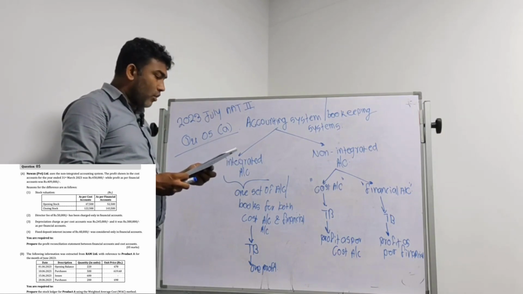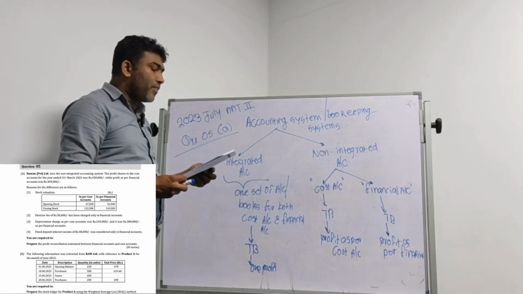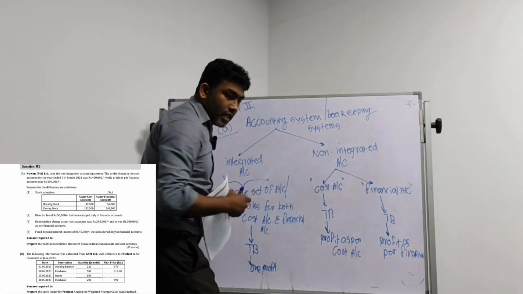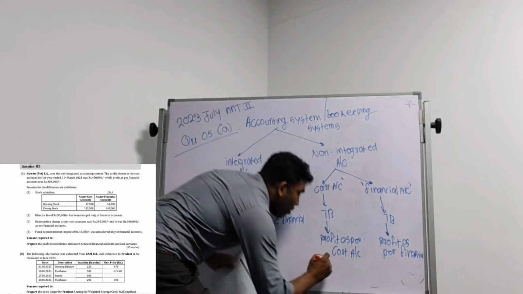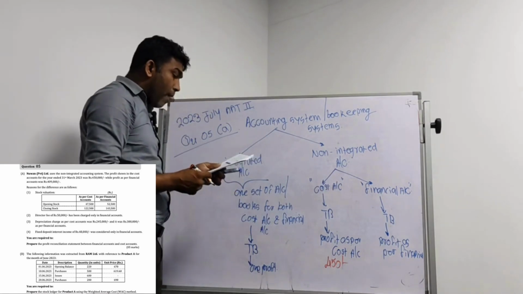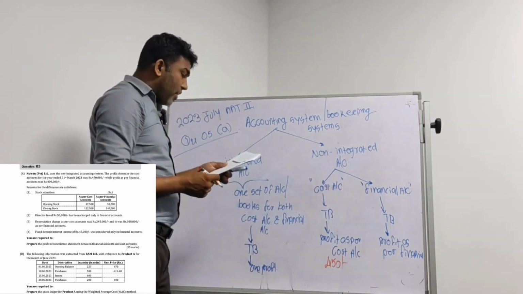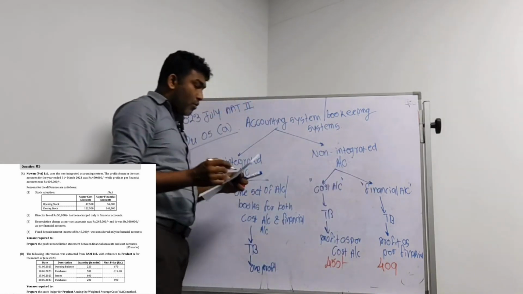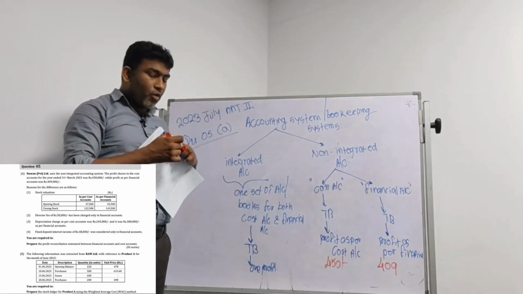Nuan Private Limited uses non-integrated accounting system. The profit shown in the cost accounting for the year ended 31st March 2023 was 450. Here they say the profit shown in the cost accounting is 450,000, while the profit as per financial accounting was 490. As per the financial accounting, the profit is 490.